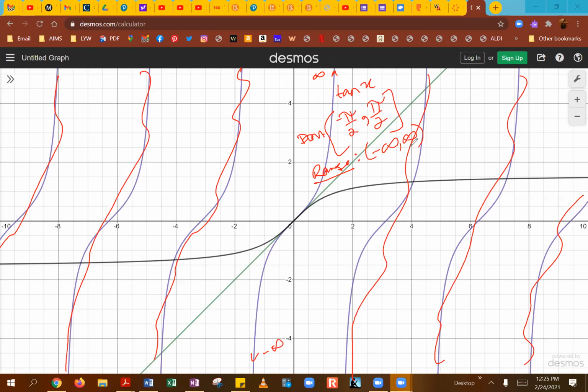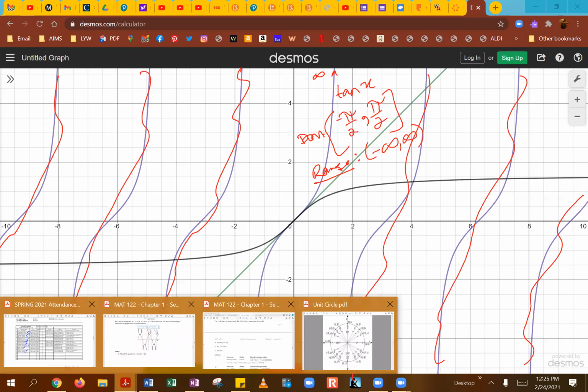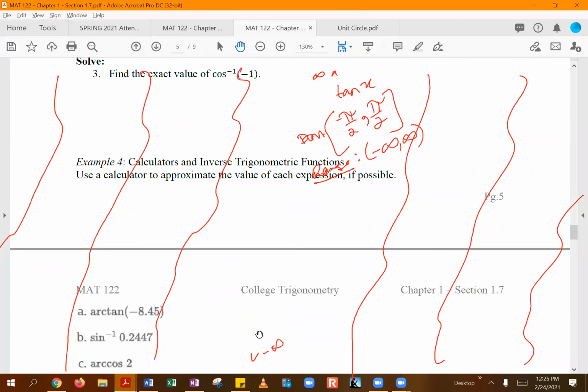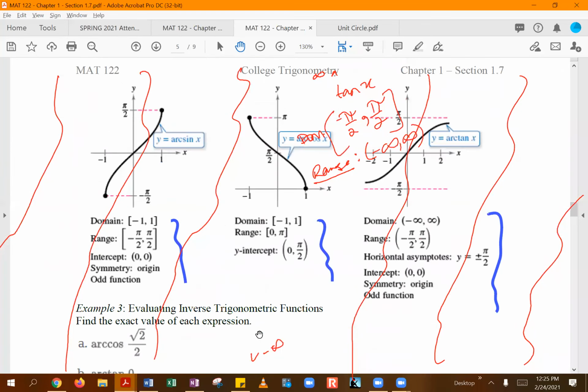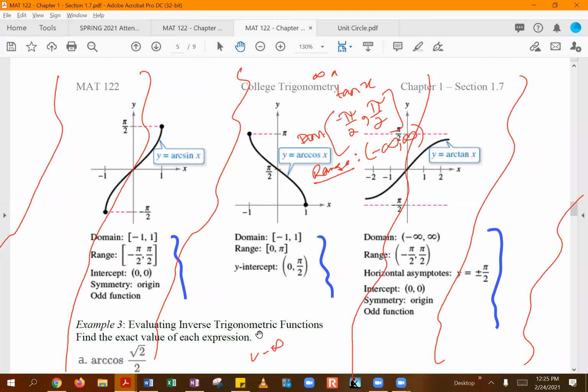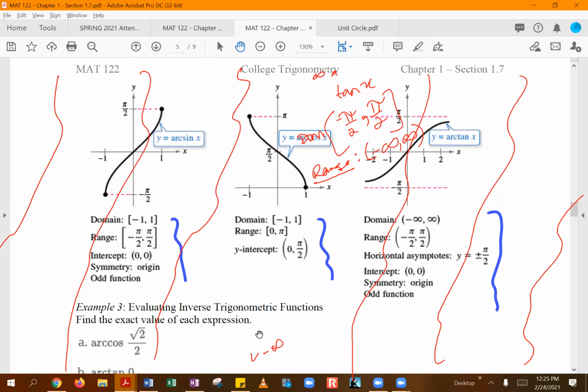So if you go back and look at your handout, you will see those are exactly the values that we had switched for our domain and range on the arc tangent function. You will see how this range of negative infinity to positive infinity becomes the domain for that inverse function, and your domain of negative pi halves to positive pi halves becomes the range.